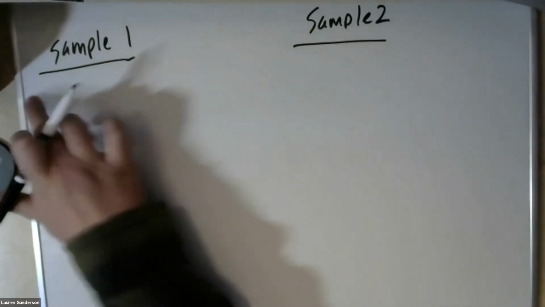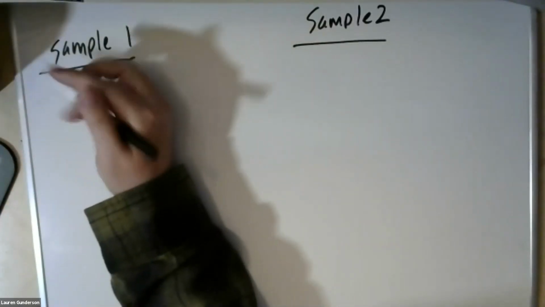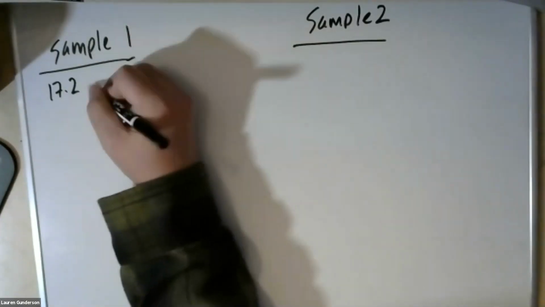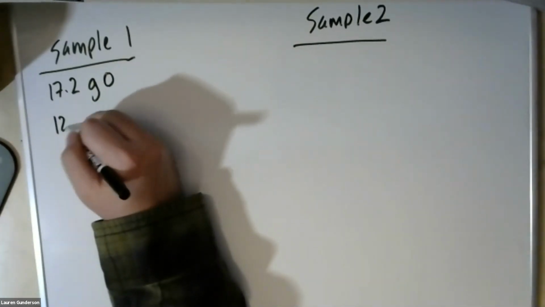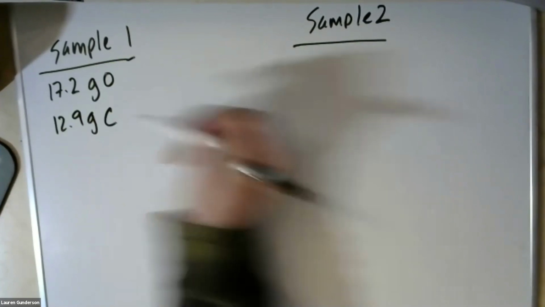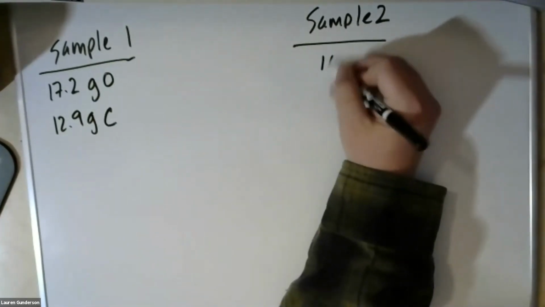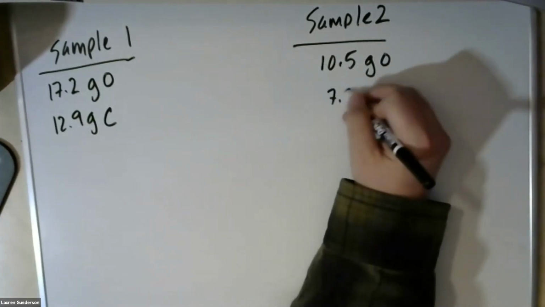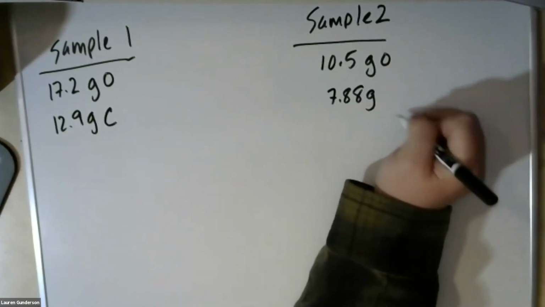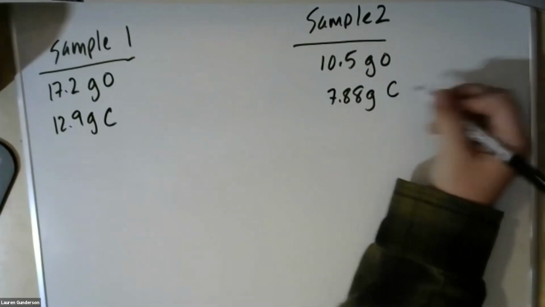Okay, so again, for our step 1, we'll sort out our sample data. So here we have 17.2 grams of oxygen and 12.9 grams of carbon. And then sample 2, 10.5 grams of oxygen and 7.88 grams of carbon.